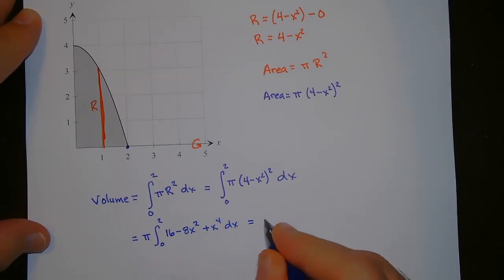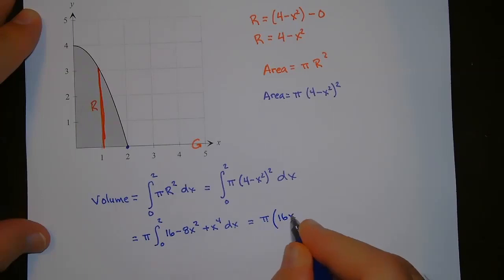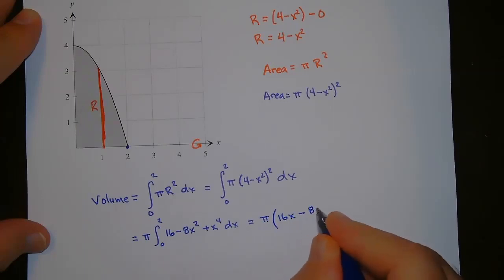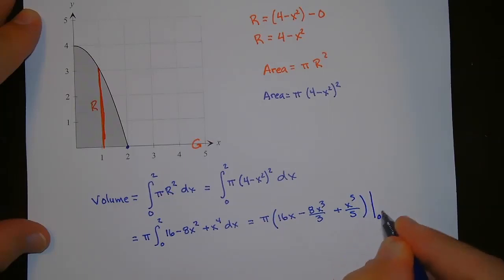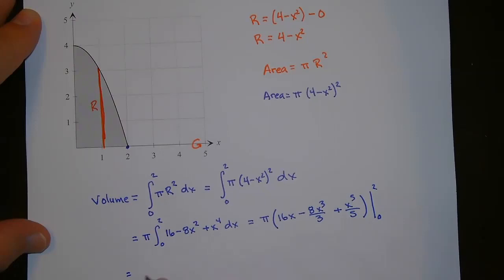Okay, so now this would be pi times 16x minus 8x cubed over 3 plus x to the 5th over 5. And we're going to evaluate this from 0 to 2. Okay, so that'd be equal to pi times, 16 times 2 minus 8 times 2 cubed over 3 plus 2 to the 5th over 5, and then close the parenthesis.